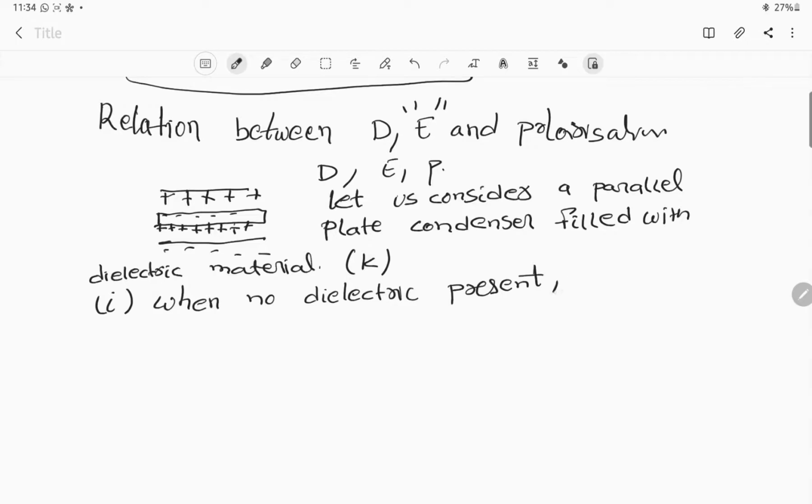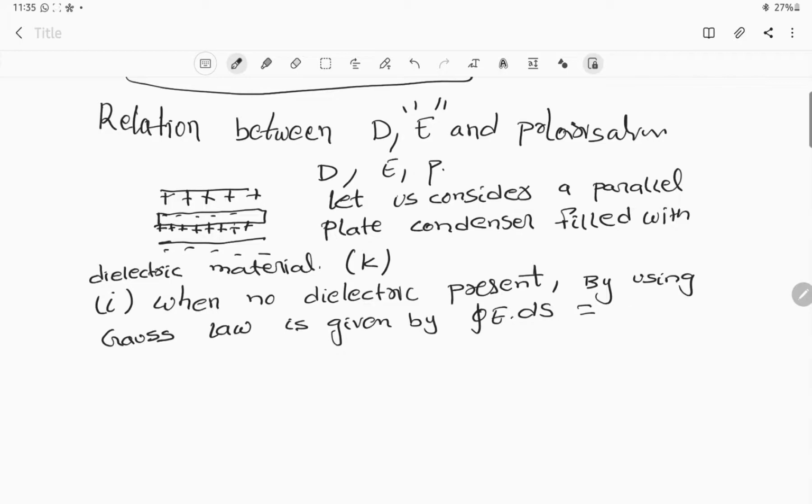So we have to use the Gauss law. We want to get a complete relationship between D, E and P, and for that we are considering the Gauss law. You are already aware that Gauss law in integral form is given by a surface integral. When no dielectric material is present, it will look like this.